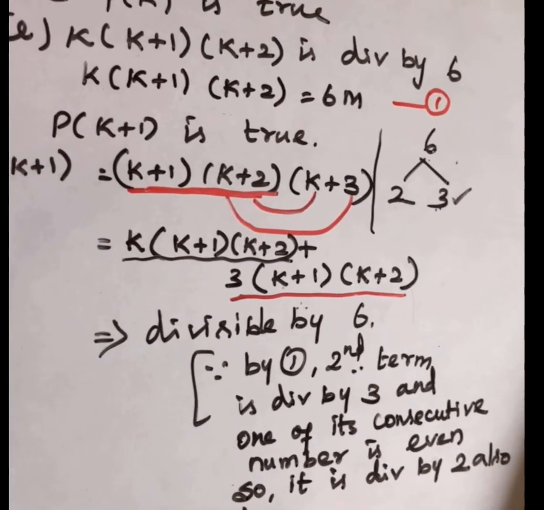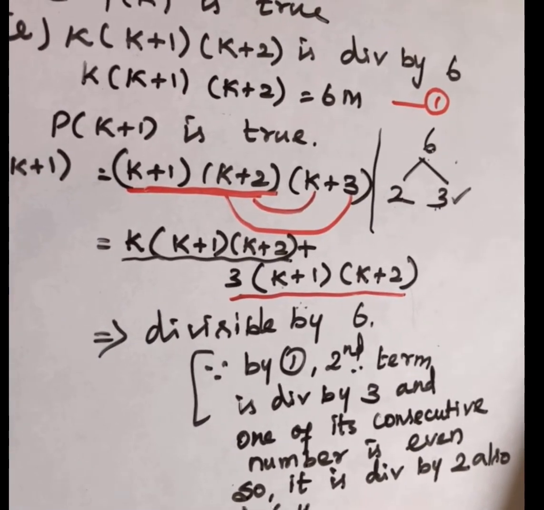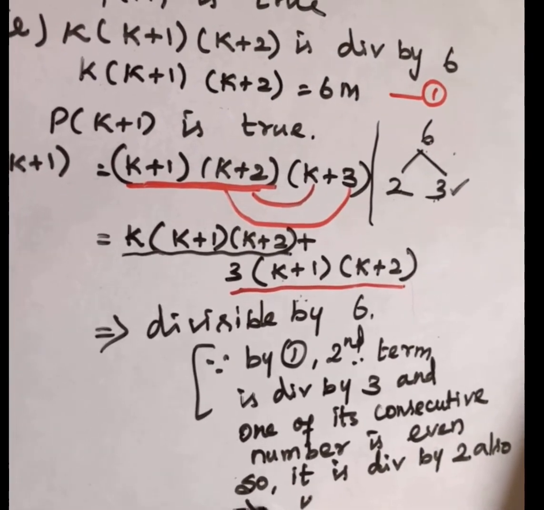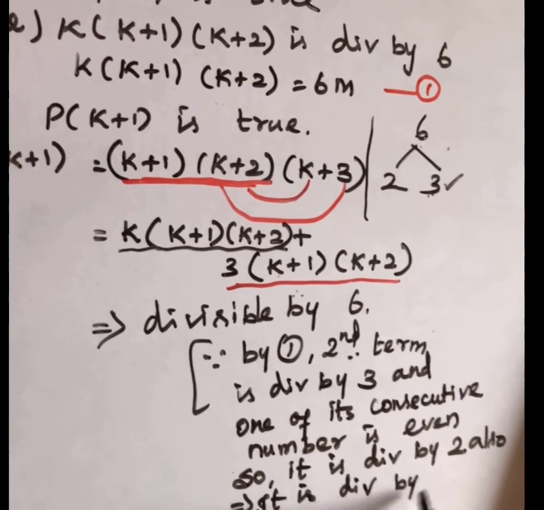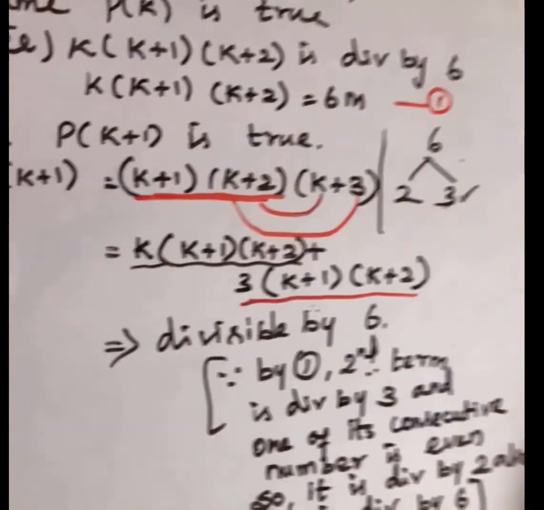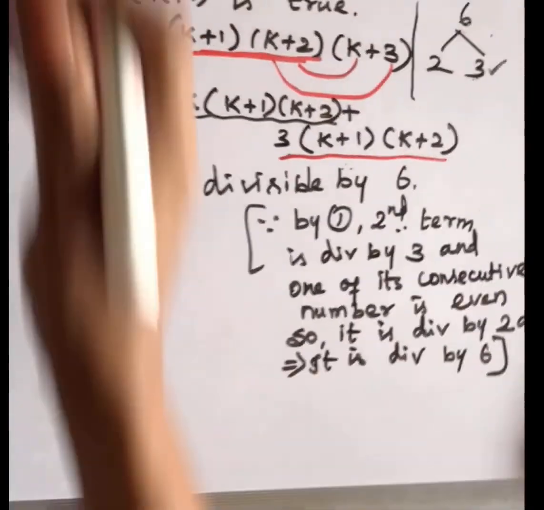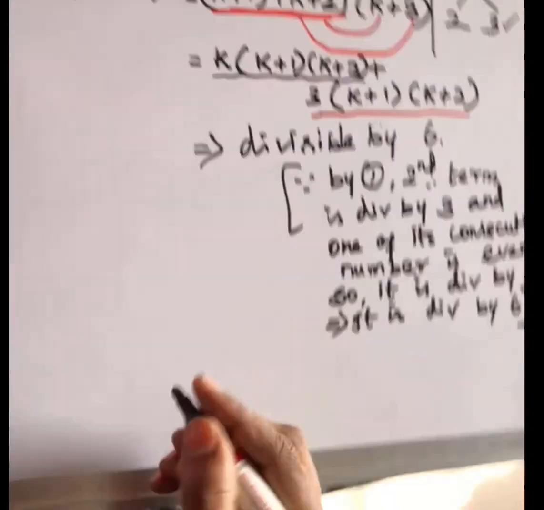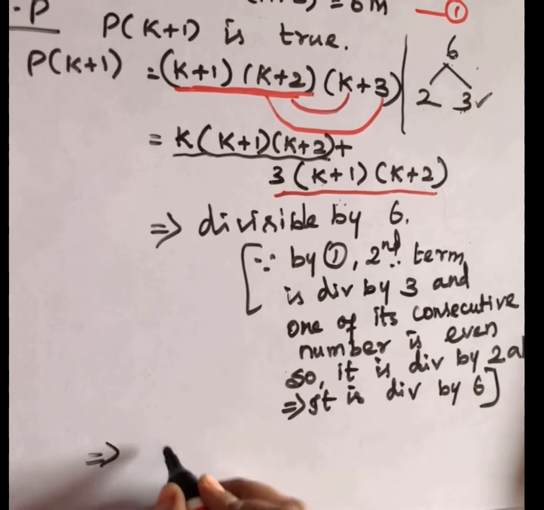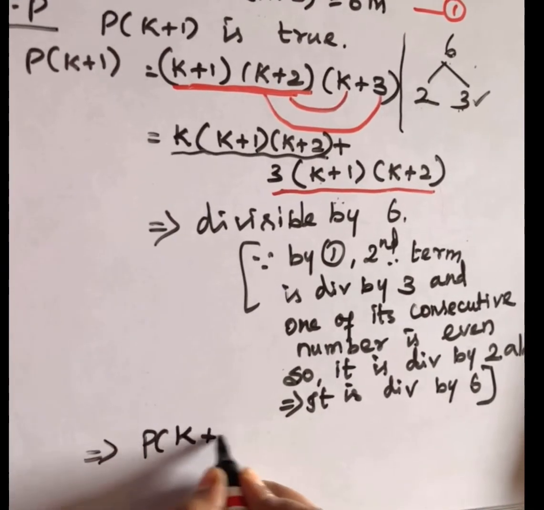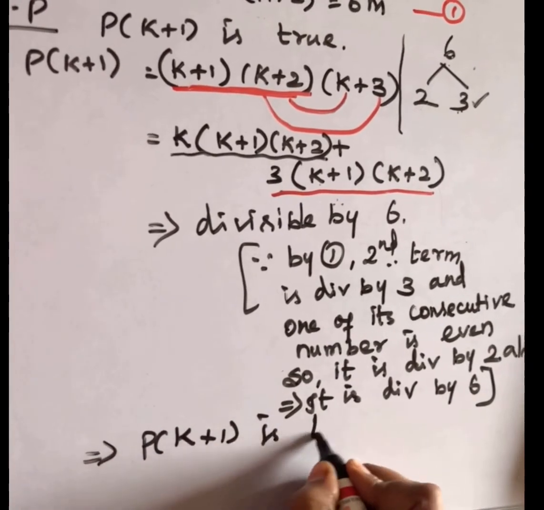That implies it is divisible by 6. So our P of k plus 1 is true.